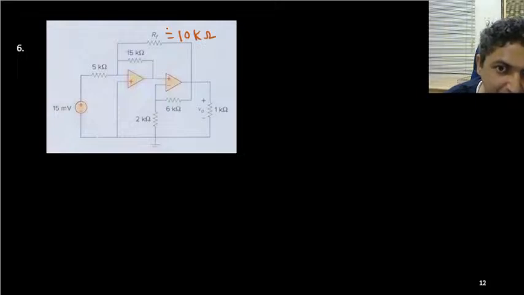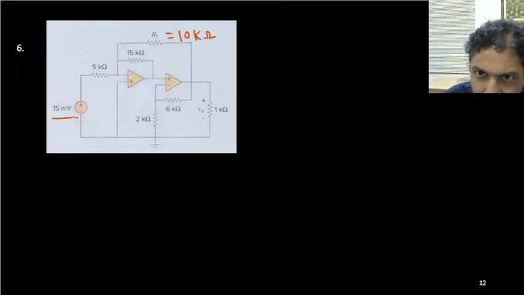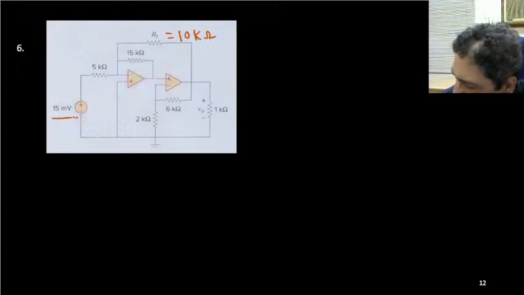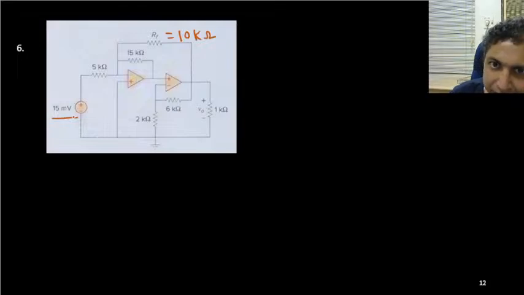It is given as 15 millivolt, so you may get in the millivolt range only. How to proceed? This problem is a little bit tricky.